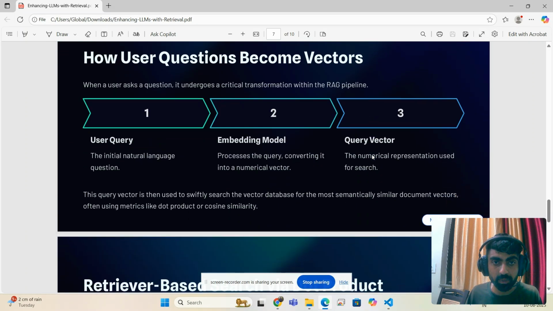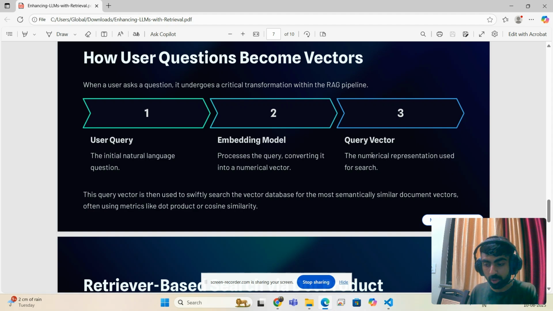Now we have word vectors in the vector database. The user asks a question. That question is converted into vector form. That converted vector form of the question is sent to the vector database. Now using cosine dot product, we get some relevant or similar vectors from that vector database. Now we have two things: our question in vector form and some documents in vector form.